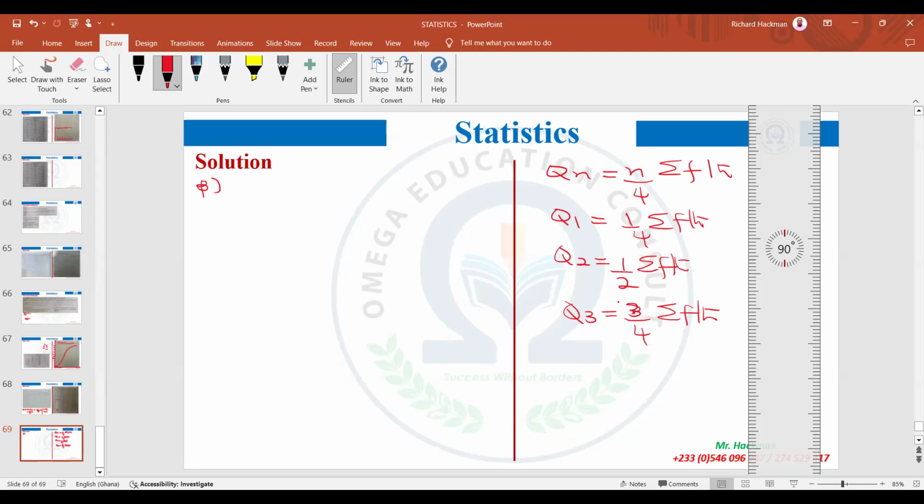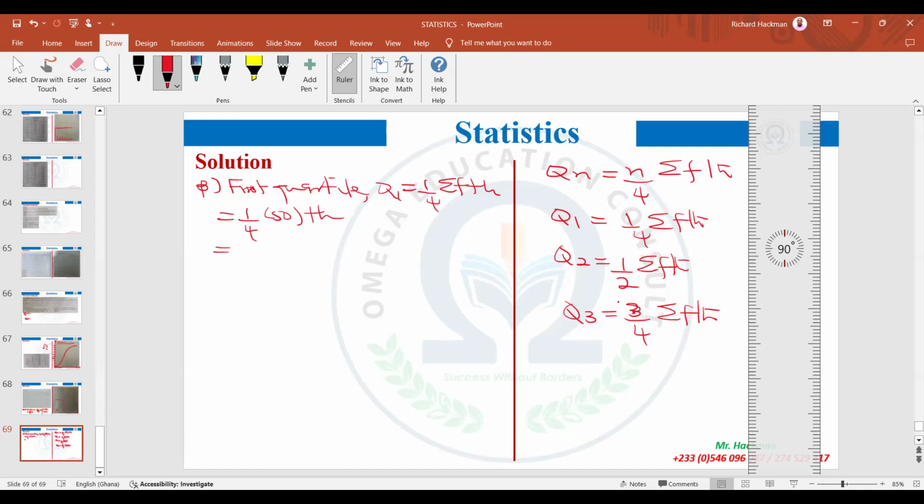The first quartile, Q sub 1, which is equal to 1/4 sigma f, th. I will start by getting my position. 1/4 sigma f, where sigma f gave us 50, th. So which gives us what?